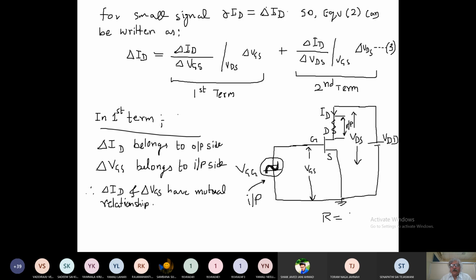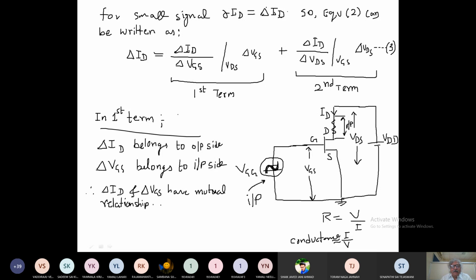Resistance is V by I. If you reverse this and write I by V, then this is conductance, or admittance, the same thing.